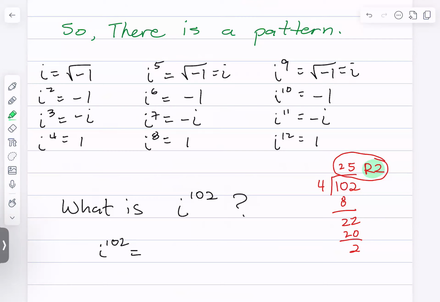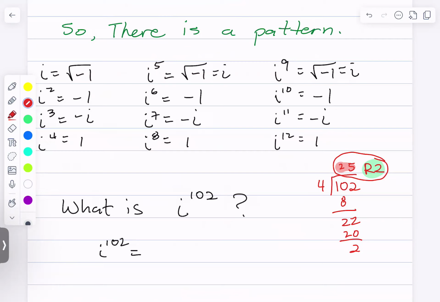Because what the 25 tells me is it went through this process 25 times. It went back and back and back like a wheel 25 times. And it stopped on the second one, the 26th time. That's the remainder of 2, right?